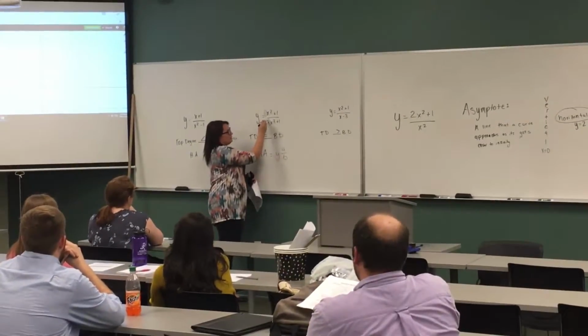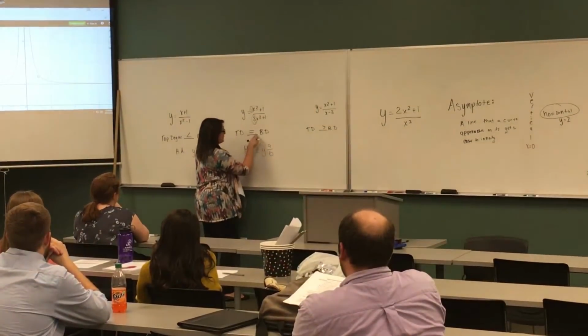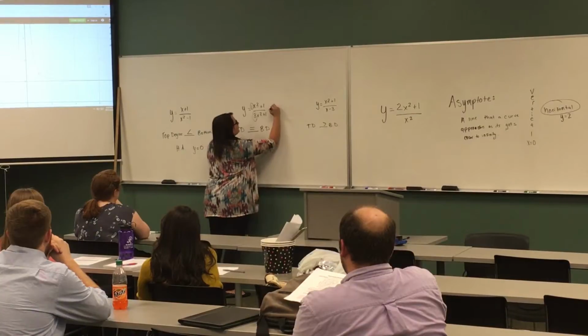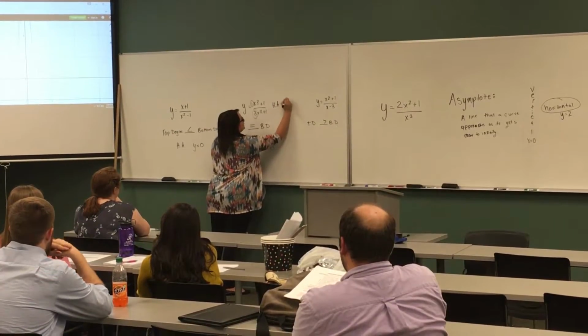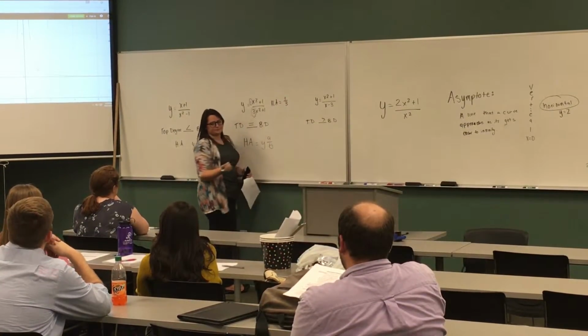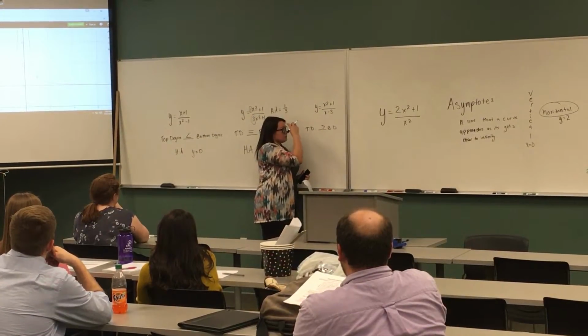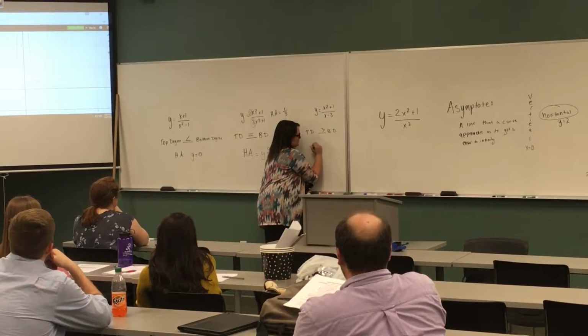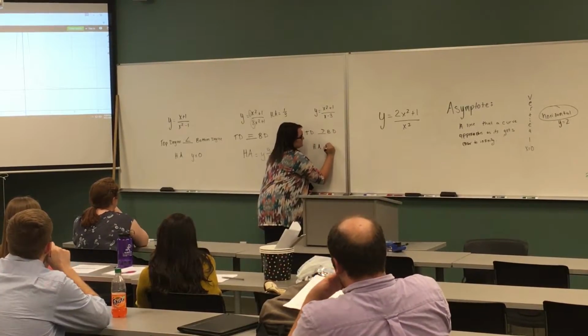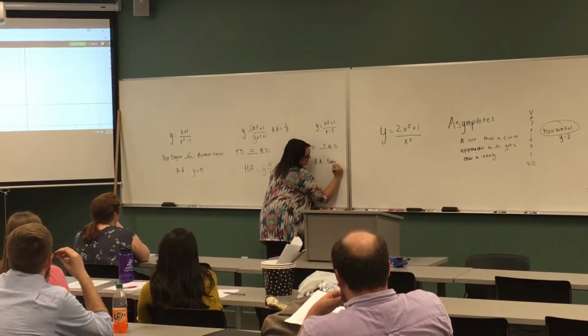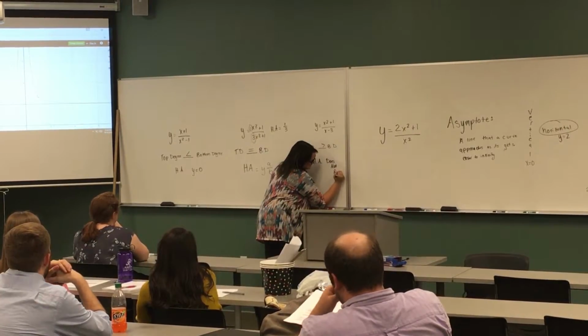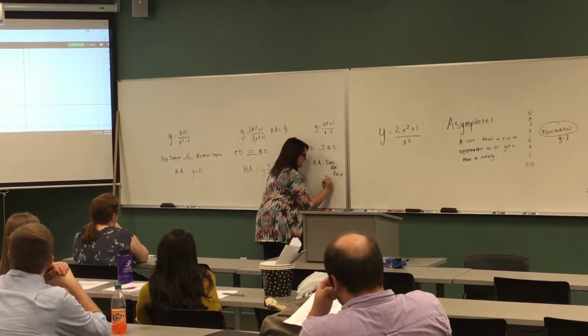What would the coefficient of this one be? 3. So in this specific equation, the horizontal asymptote would be 1/3. And over here, when the top degree is greater than the bottom degree, the horizontal asymptote does not exist for D and E.